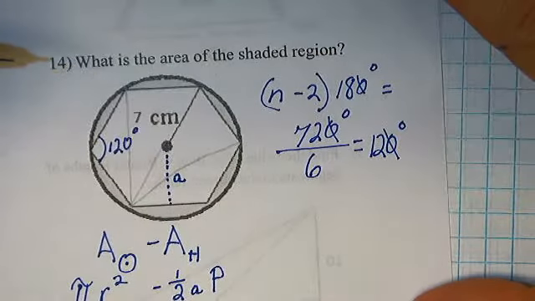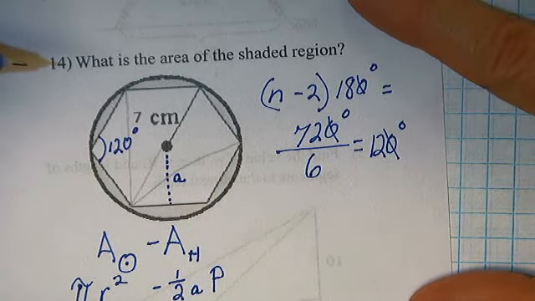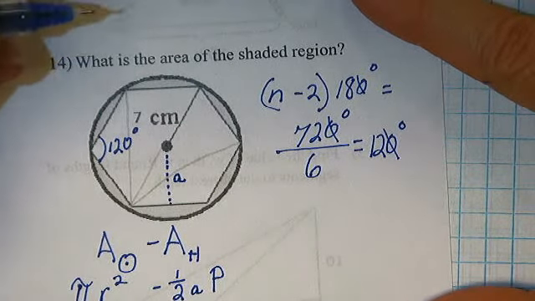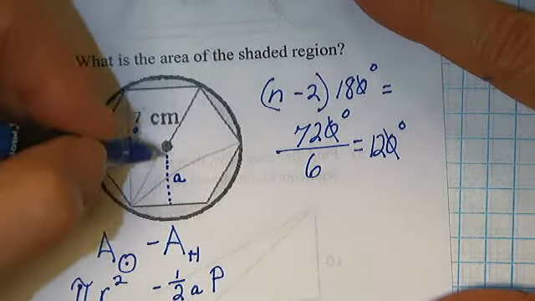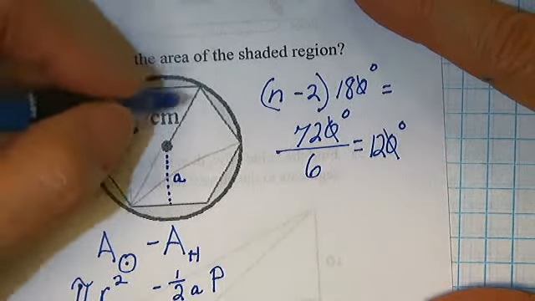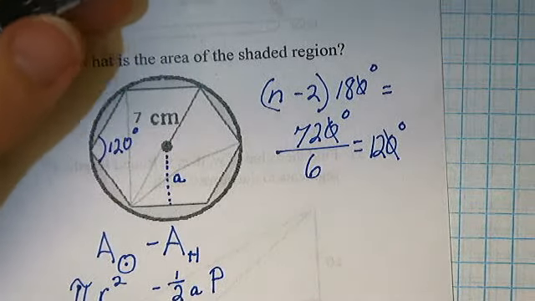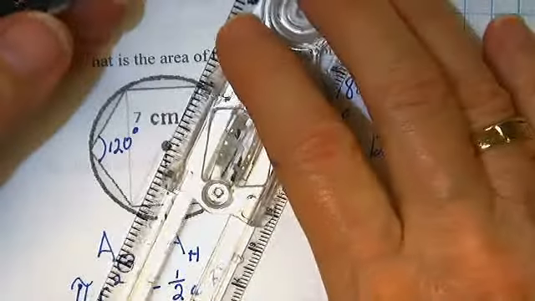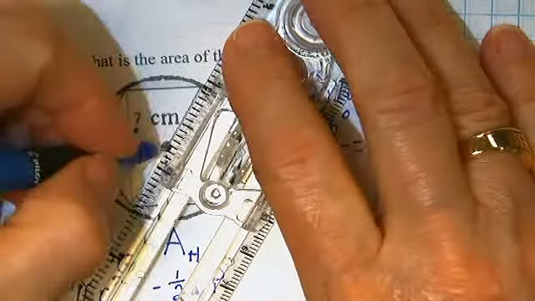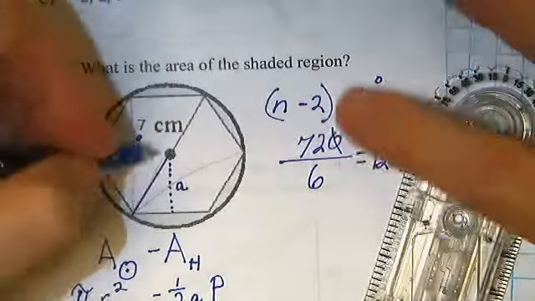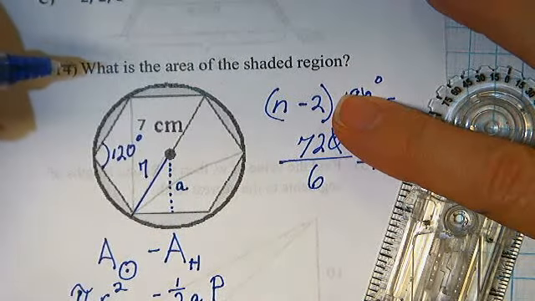Does that get us anything useful? Well, let's see. We remember that we have to calculate the apothem. Here to here is 7.